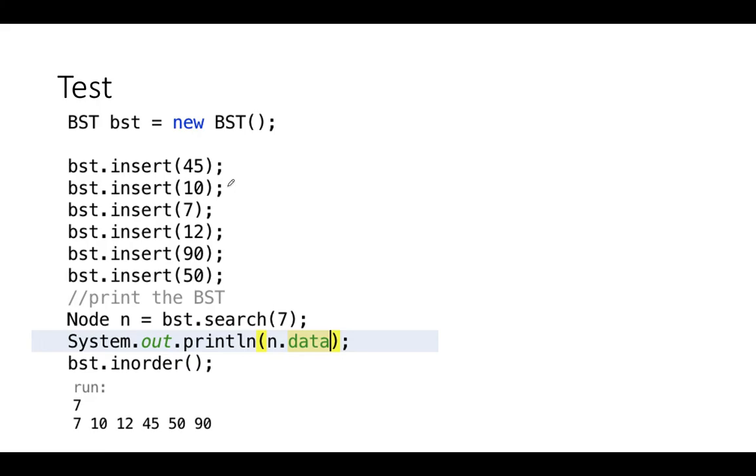If you want to test the tree, we can create this tree. So this will create 45 as a root, and then if we insert 10, it will add 10 here.